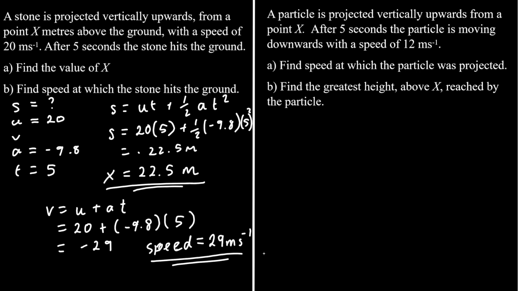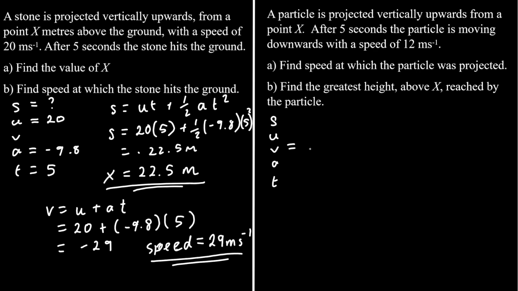Okay, a question for you to try. See if you can give it a go. So the particle is projected vertically upwards. After 5 seconds, the particle is moving downwards with a speed of 12 meters per second.